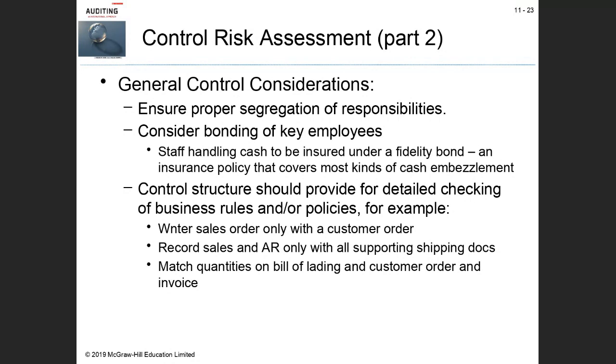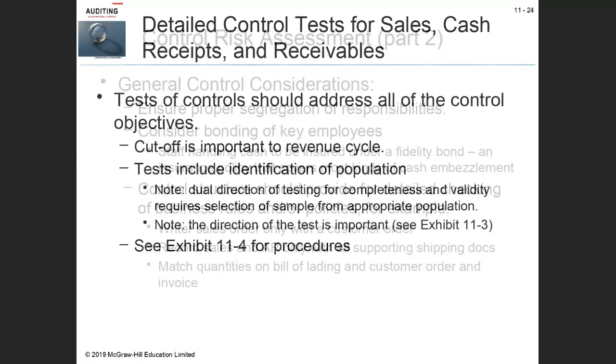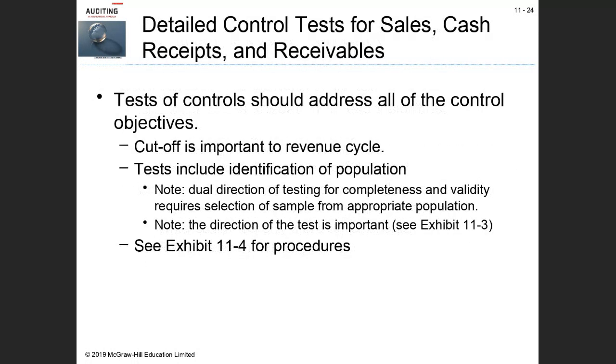So again, if you go back to Appendix 11A, which has the internal control questionnaire we looked at the other day, there are general controls and there are application controls. You might want to revisit that questionnaire to have a look at the different types of controls.